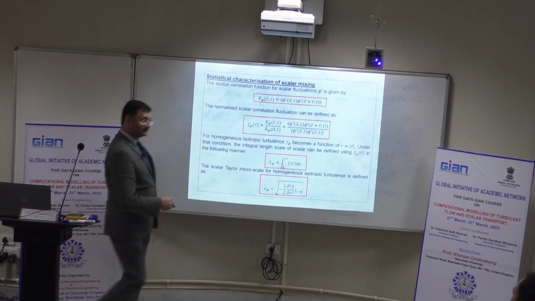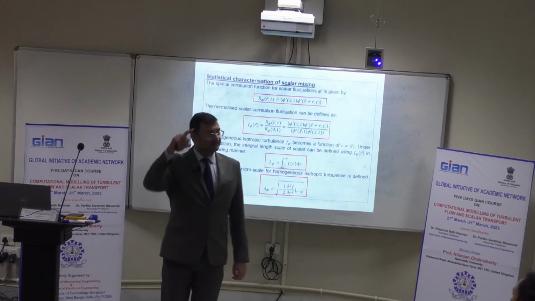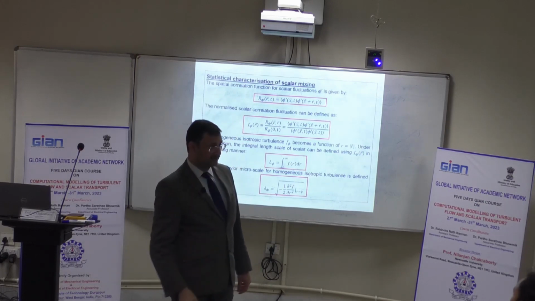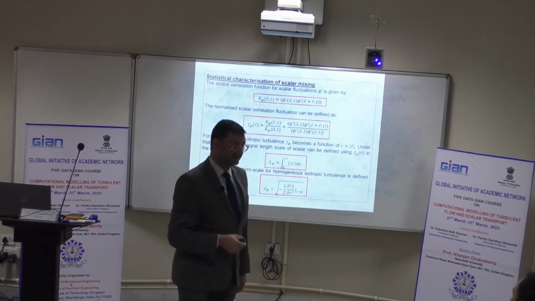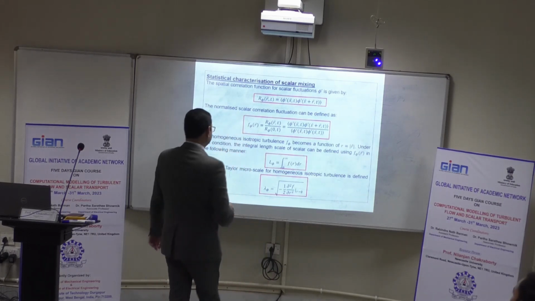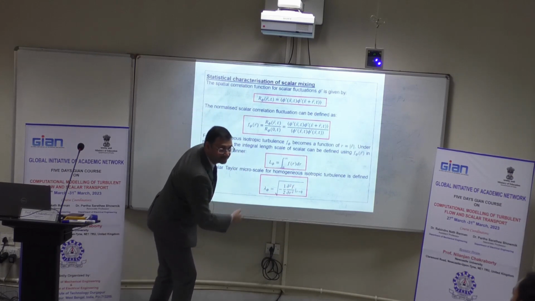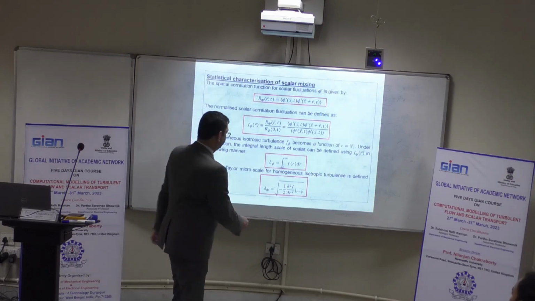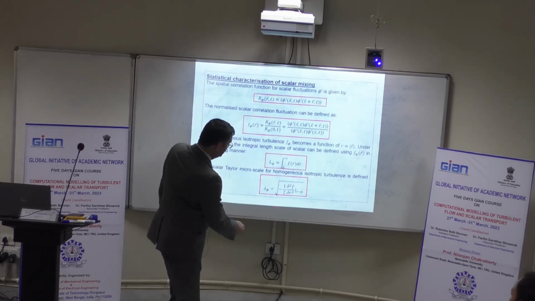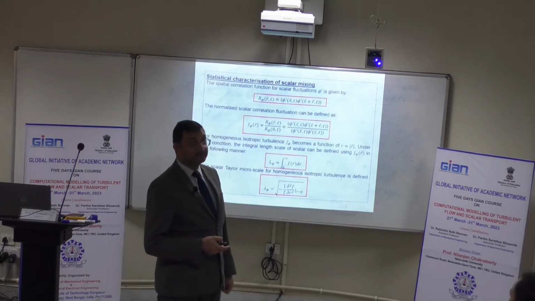And you might remember I told if you draw a parabola with the same slope at r equal to 0, where it cuts the r axis, that gives you the measure of the scalar microscale. In a similar manner, the second derivative of f with respect to r at r equal to 0 gives you the measure of the microscale of scalar.